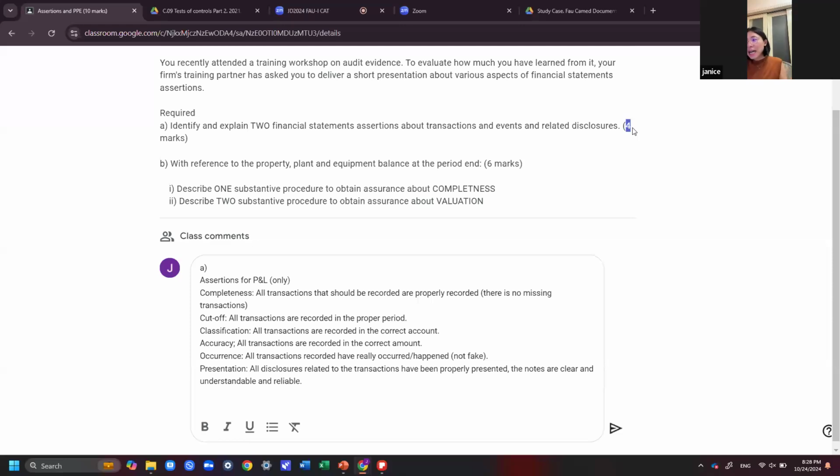But at least I think this would be the minimum. I think this is the minimum you should learn for the assertions, right? It's not a lot, but it's very important. I know they love to ask you about assertions, so that's something that you would need to prepare. Okay.